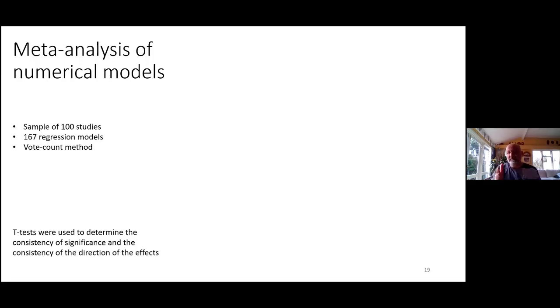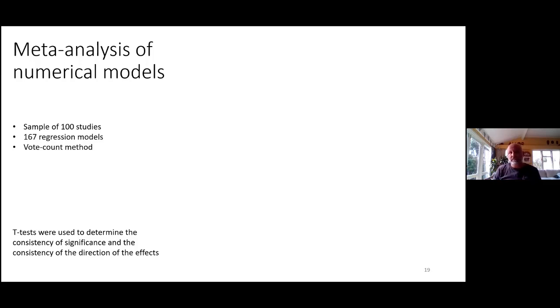I identified all the different variables that were used in those models, and then recorded whether they had been found to be statistically significant or not, and the direction of the effects. Then I was able to run some t-tests to test the consistency of both the significance when they were included in models and the direction, the ratio between negative and positive.